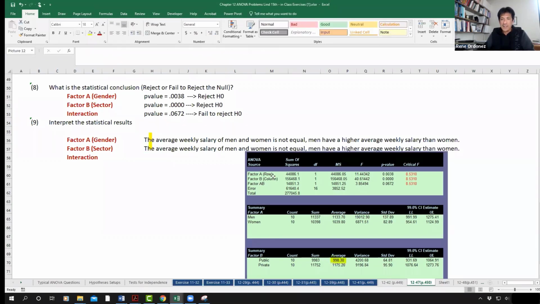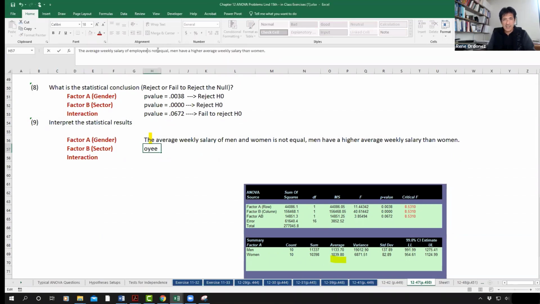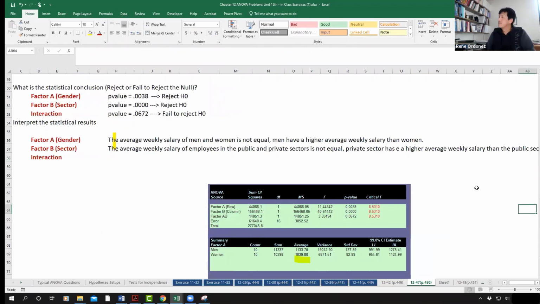The average weekly salary of employees in the public and private sector is not equal. Private sector has a higher average weekly salary than the public sector.